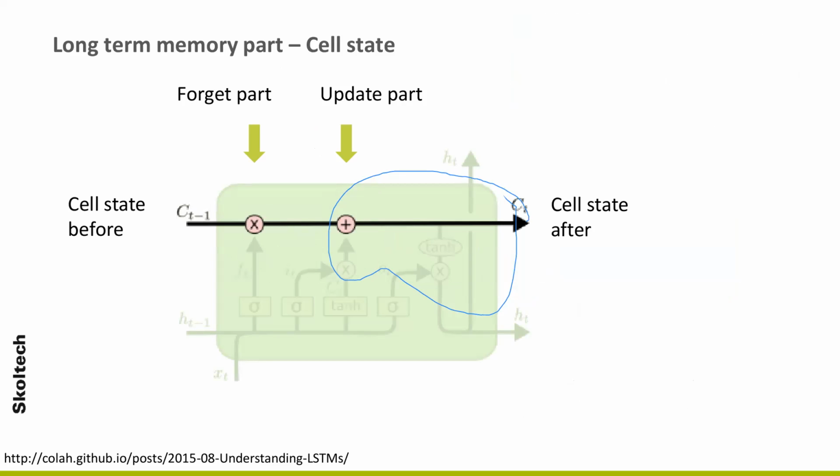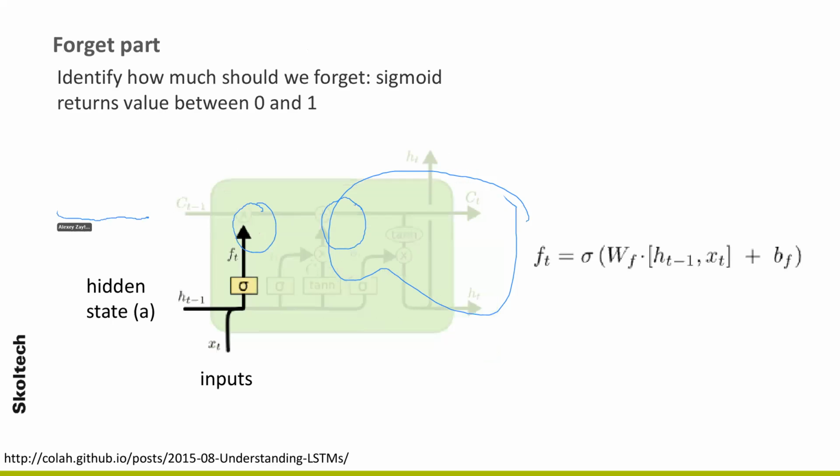We say that we should have two parts for the cell state. One part is related to forgetting information, and it is multiplied by how much we want to forget of some part of this vector. We also have a hidden state here to identify how much we should forget.